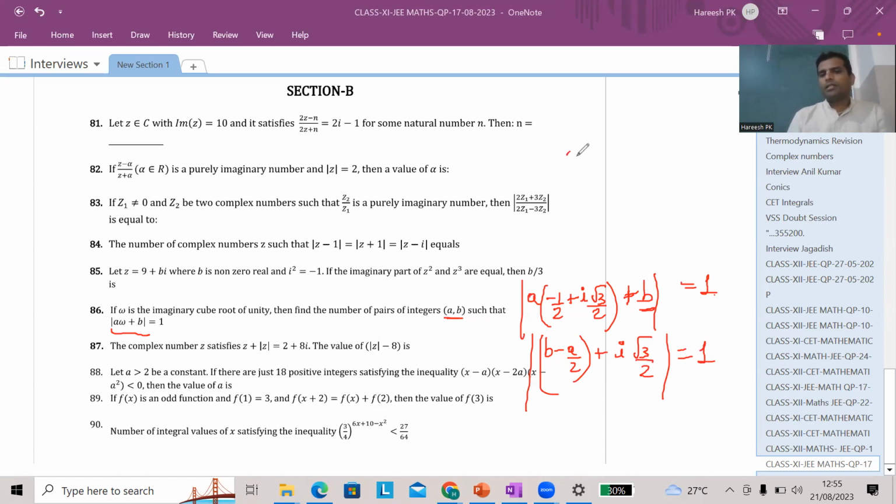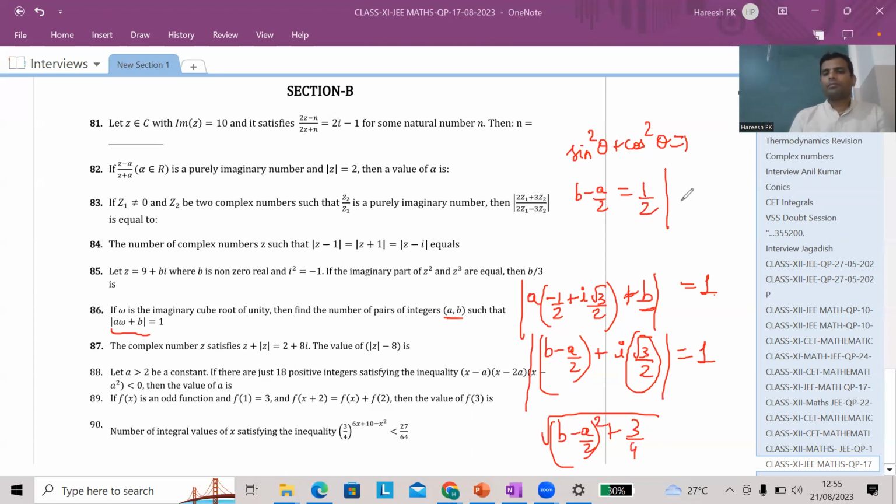Whenever we know that sine square theta plus cos square theta is how much? Here we have root 3 by 2 whole square. How much is that? That is 3 by 4. So that means (b minus a by 2) whole square should be 1 by 4, or b minus a by 2 should be half or minus half.